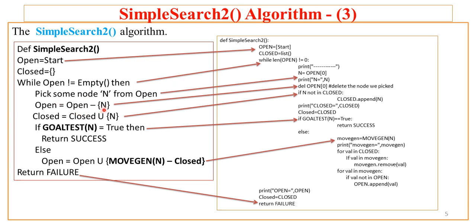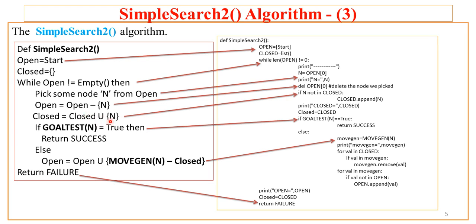Now whatever the algorithm picks is removed from open, and this is done by calling the del function, so the first element which is picked is deleted. After that, the picked element is added to closed.